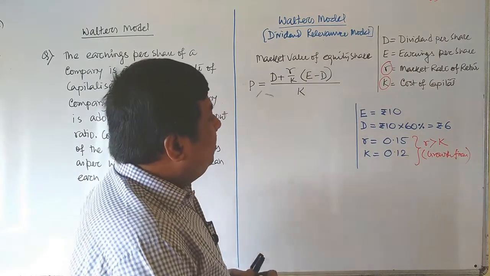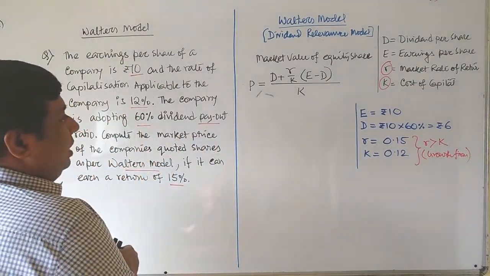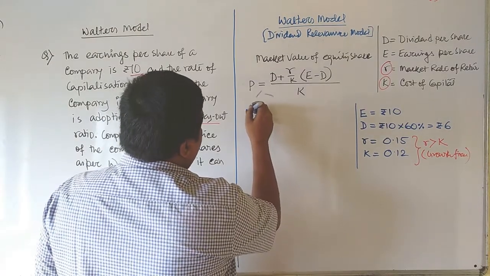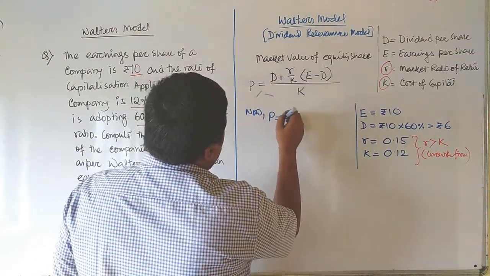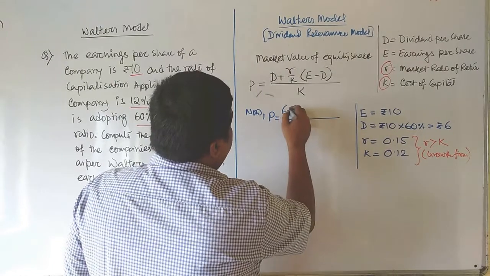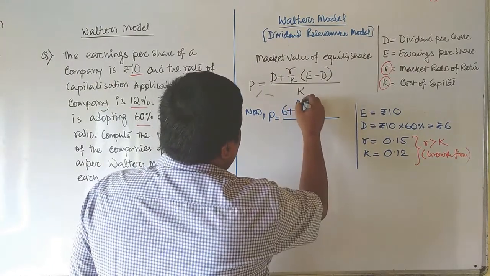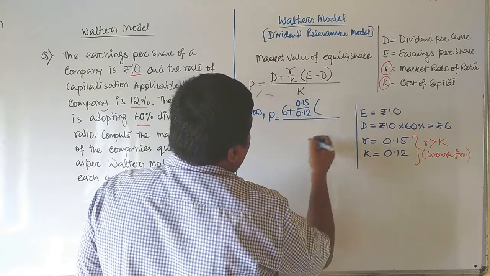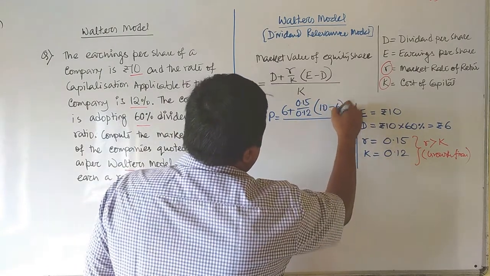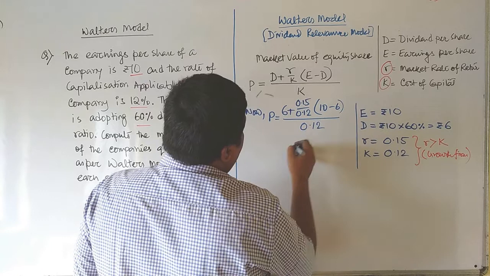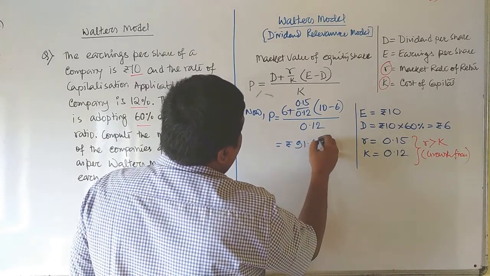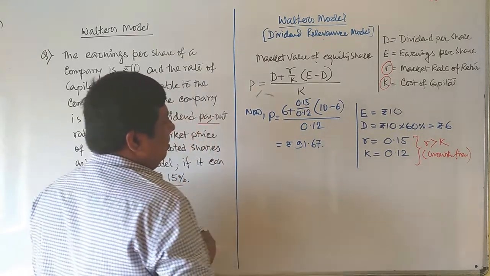Let us plot each and every component into the given formula and try to calculate the market value per share. Now P equals D, which is 6, plus R by K into E minus D, whole divided by K. What you are getting is rupees 91.67.